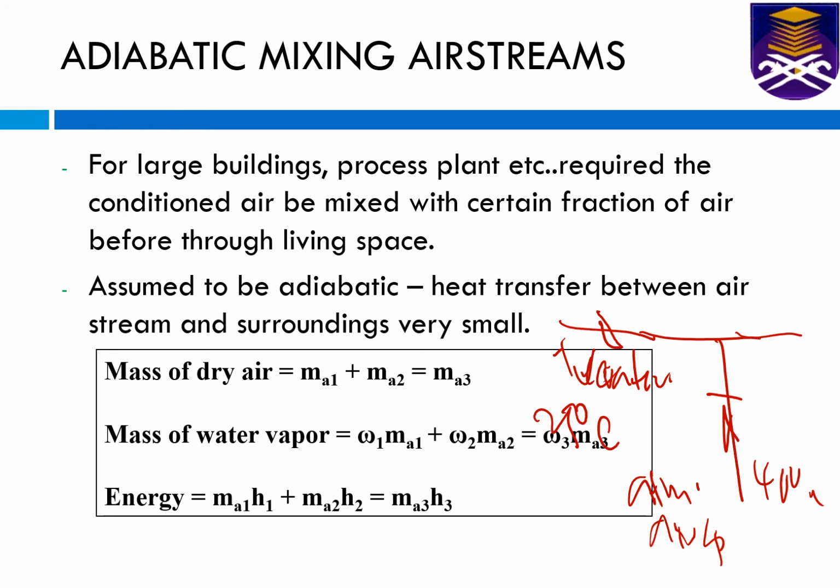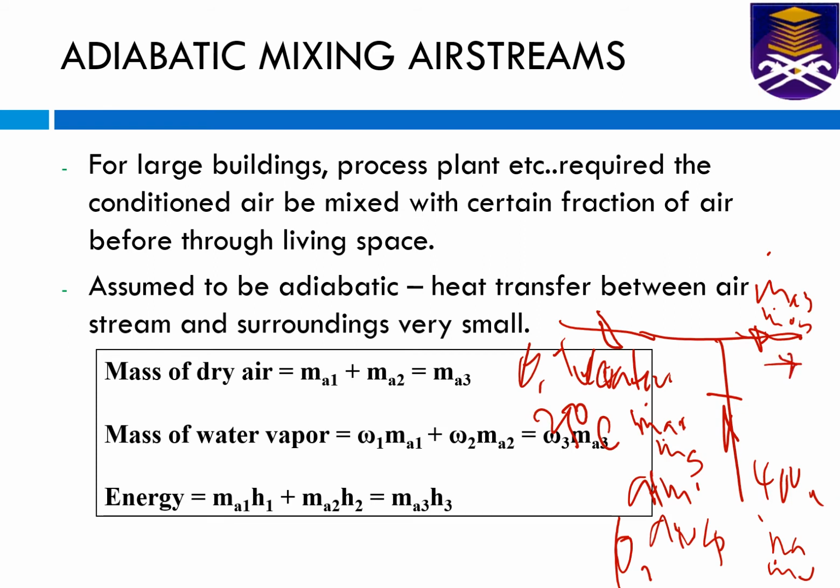You also have the mass flow rate, the mass flow rate for the water vapor, and also Phi1 and Phi2. So we combine and come up with m dot A3, and the new volume flow rate.